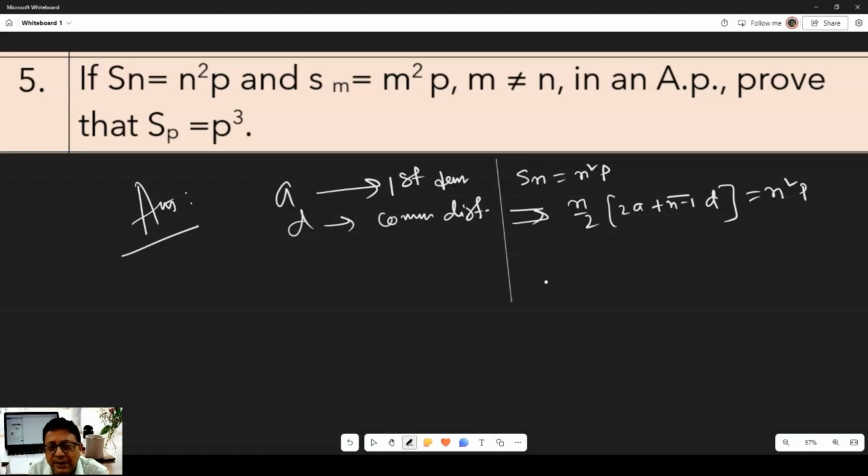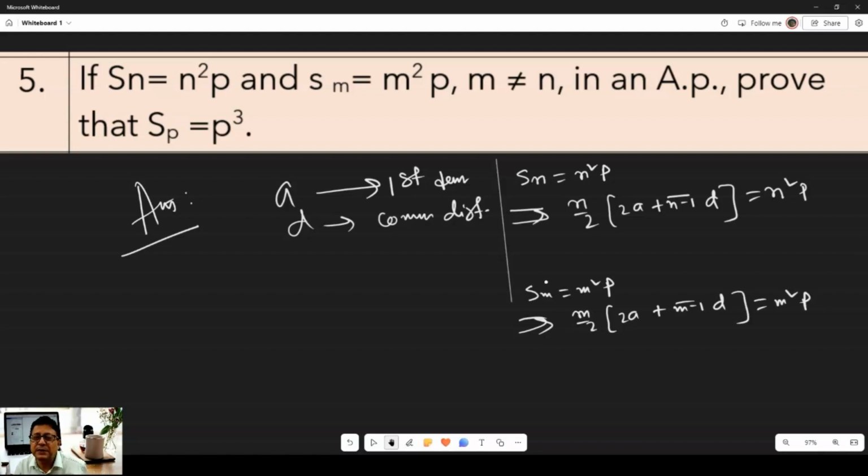And Sm equal to m square p implies m by 2 into (2a plus (m minus 1)d) equal to m square p. To find Sp, what I need? Sp is p by 2 into (2a plus (p minus 1) into d).